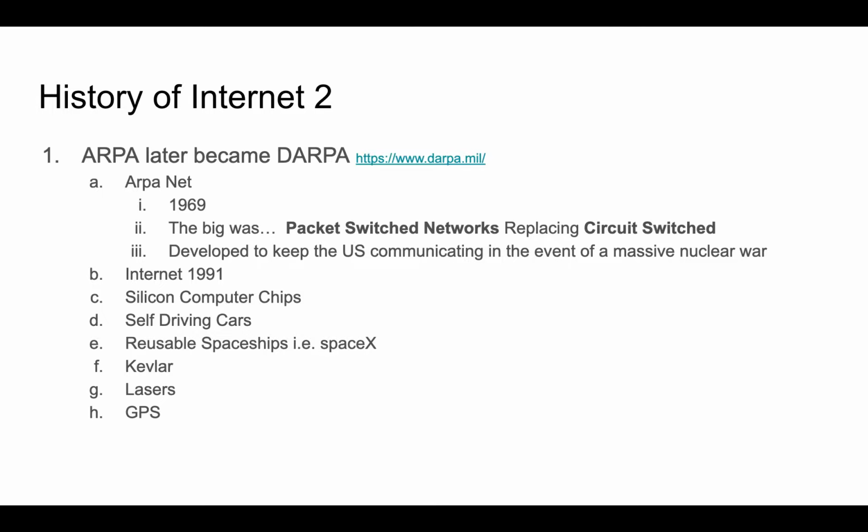Okay, real straightforward. Circuit switching is old school telephones. Circuit switching means that there's literally an electrical circuit and a wire, and that wire is carrying an electrical signal, where the amplitude of the electricity, like the power of the electricity, basically increases and decreases, and that's what transmits a voice.